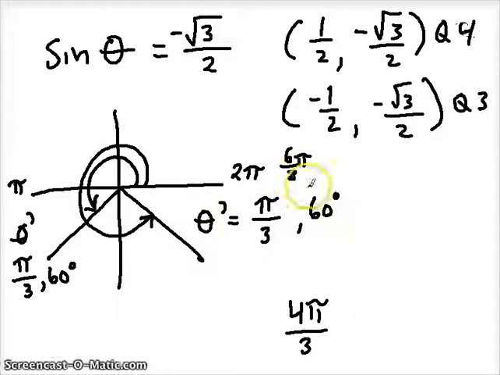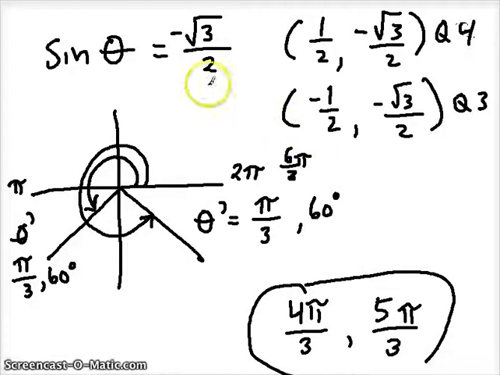So a third less than 6/3 would be 5/3. And so these are both answers. They both give me a negative y value, or a negative sine value, of the square root of 3/2. So 2 possible answers, 2 angle measurements that would fulfill this equation right here.